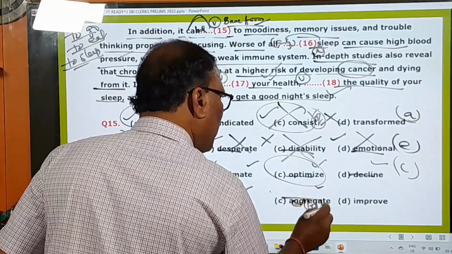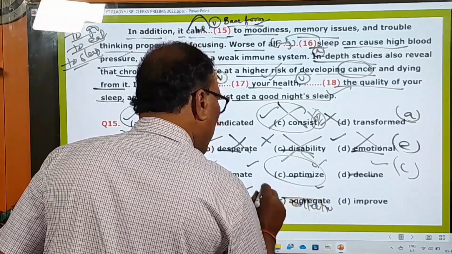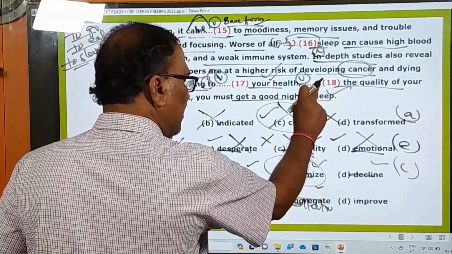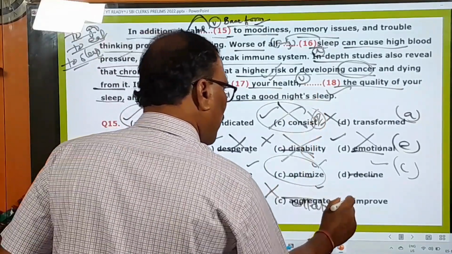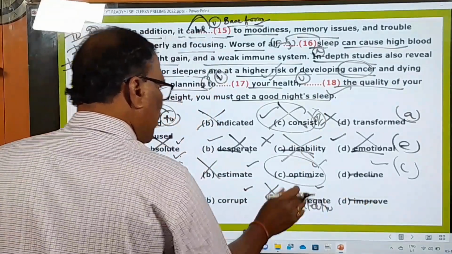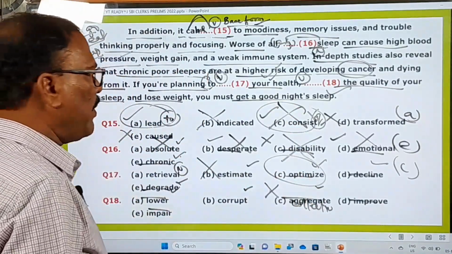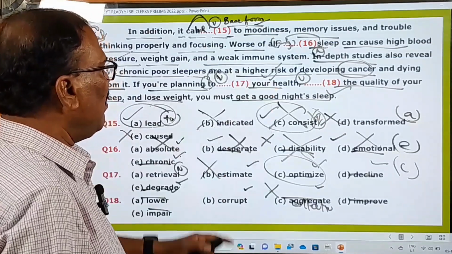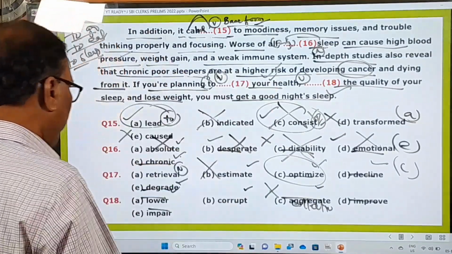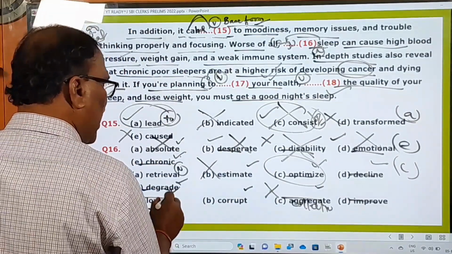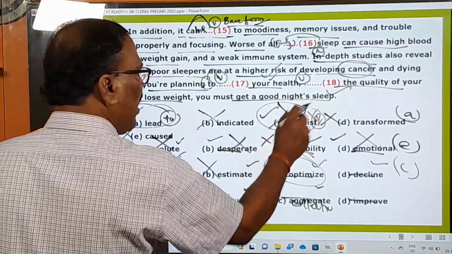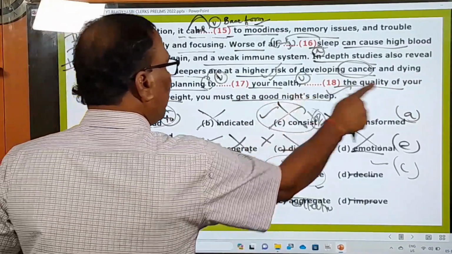So it's an adjective. Therefore this cannot go with this blank. Improve is a verb, impair is a verb. So this is totally dropped, and only these four words are there to be filled in that blank. Lower, you cannot use that. Corrupt means spoil. Can you say corrupt the quality of your sleep?